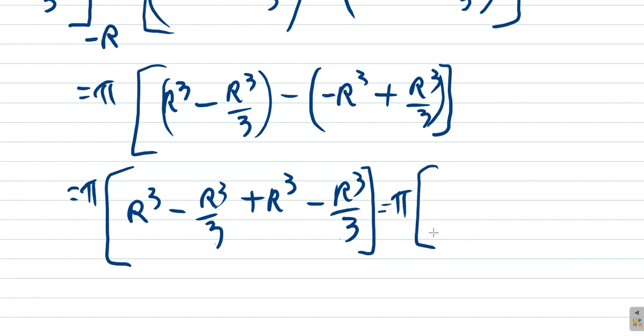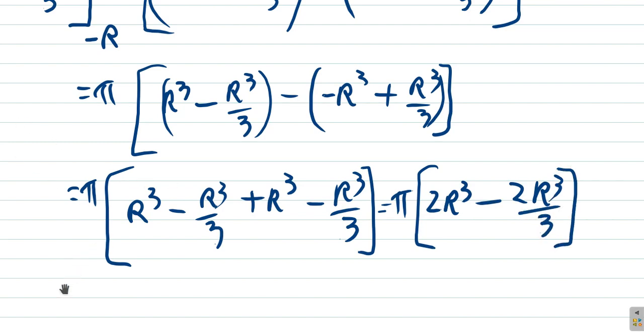Equal pi by, now, r cubed plus r cubed. Let's put these two together. R cubed plus r cubed is 2r cubed. Then minus r cubed over 3 minus r cubed over 3 is minus 2 times r cubed over 3.